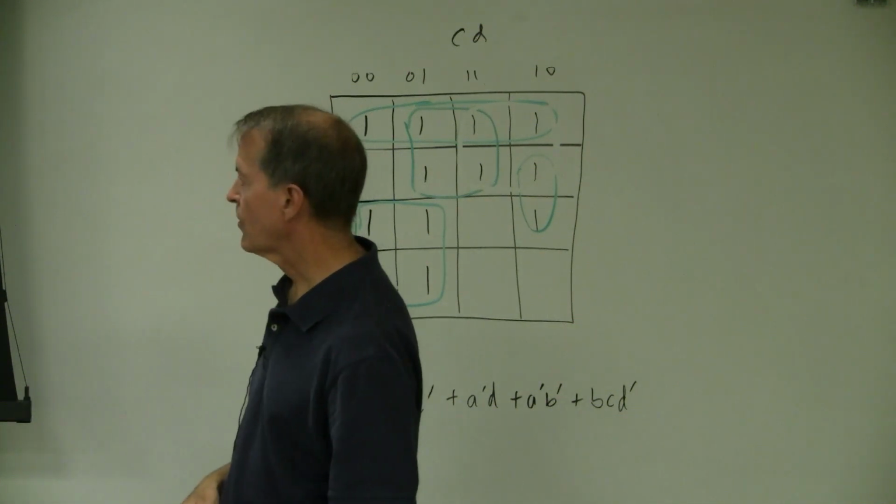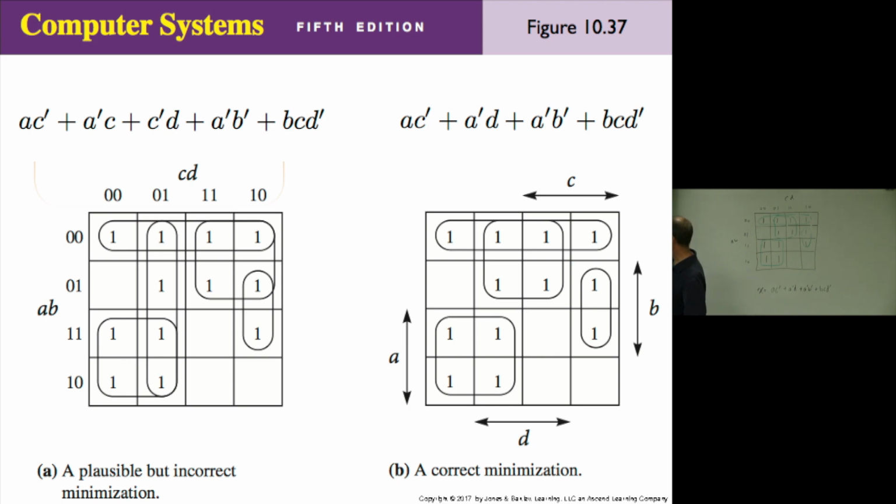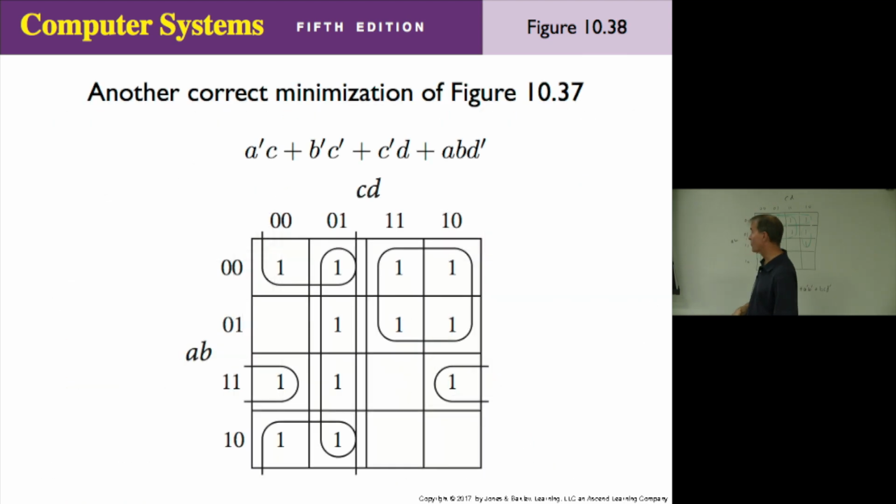Okay. So what we had was a plausible but incorrect solution. Actually, we came up with a different one, right? Actually, what we came up with was in figure 10.38. Oh no, this is even different yet. What did we come up with? No, he meant before that, we erased it.